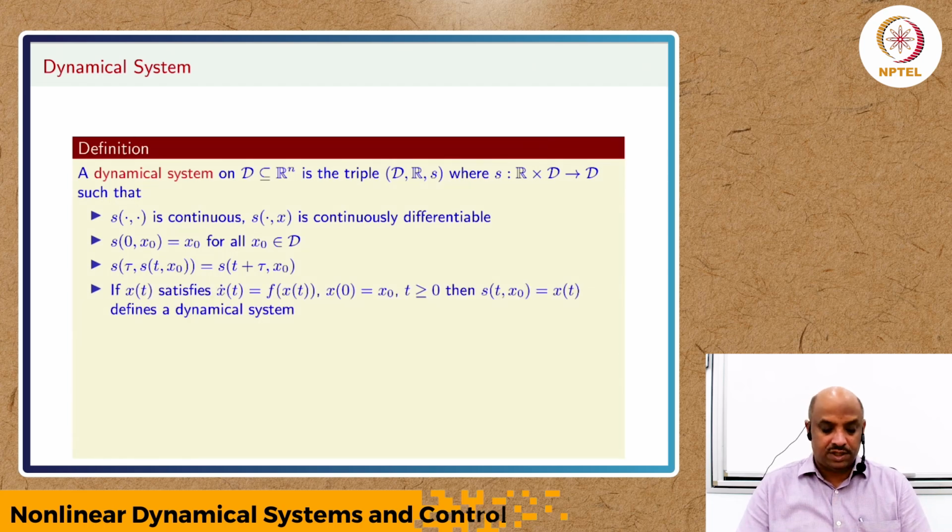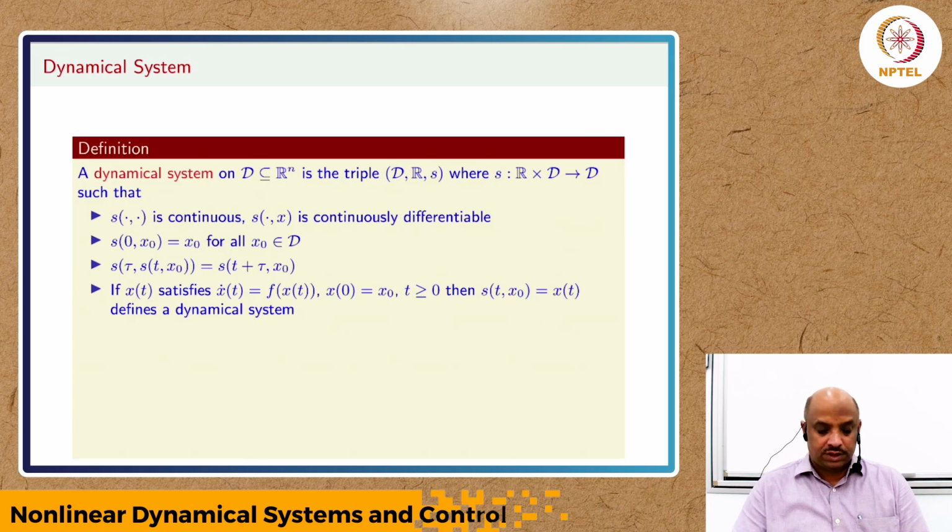So as I just indicated, if x of t is a solution to the differential equation for that particular initial condition, we capture both the initial condition information and the fact that it is a solution to some kind of differential equation by this function S of t comma x0. Now I just want to ensure that you understand why we introduced this notation beyond using it for doing some interesting mathematics.